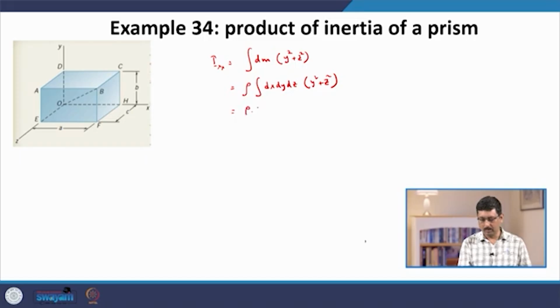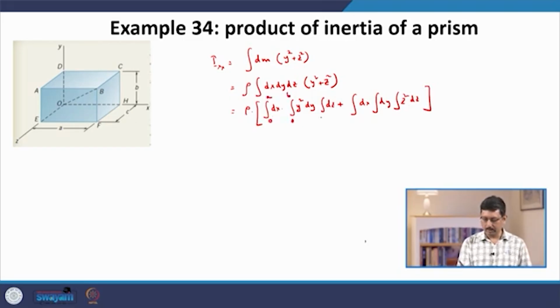So, this will be rho times dx times y square dy times dz plus dx times dy times z square dz, and putting in the limits, x varies from 0 to a, y varies from 0 to b, z varies from 0 to c.